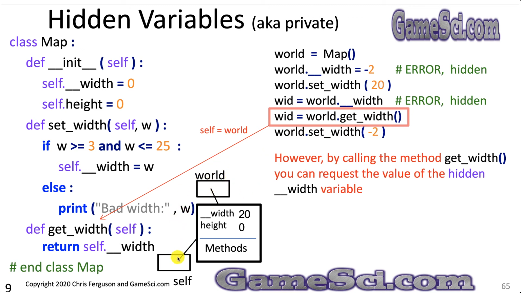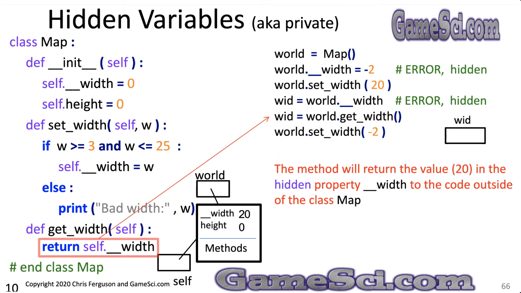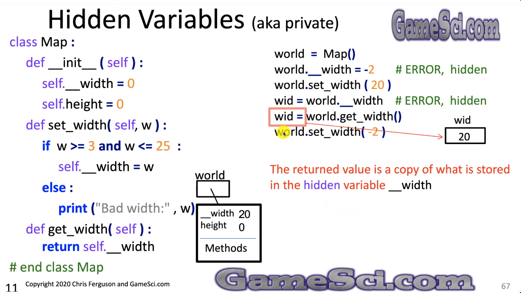I want self to reference the same object. And self will automatically be assigned the same reference as world. Inside the code, when I go to self.__width, remember, I'm inside the code, so I have full access to my hidden variables. I'll grab that 20 and send it back to the caller. The method will return the value 20 in the hidden property __width to the code outside of the class map.